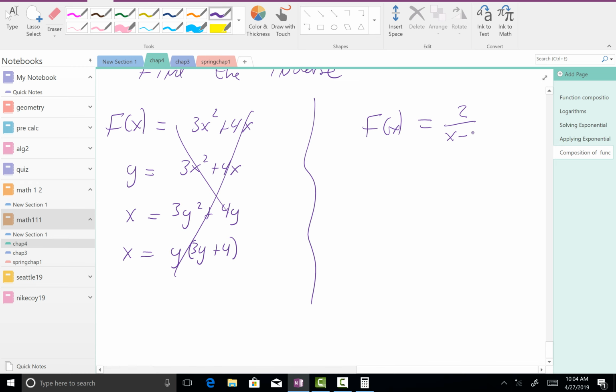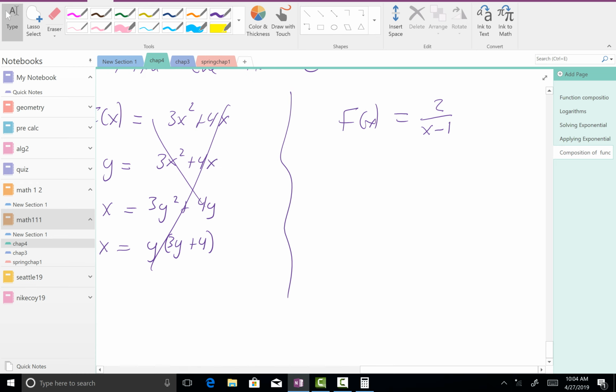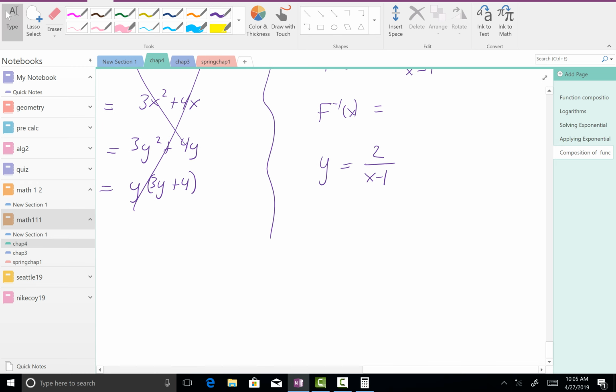Okay, we're going to find the inverse. So we're going to set it equal to y. Switch the x's and y's. So it looks like that. Then let's do some cross multiplying here.